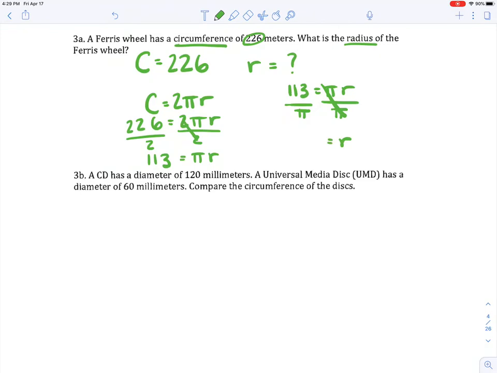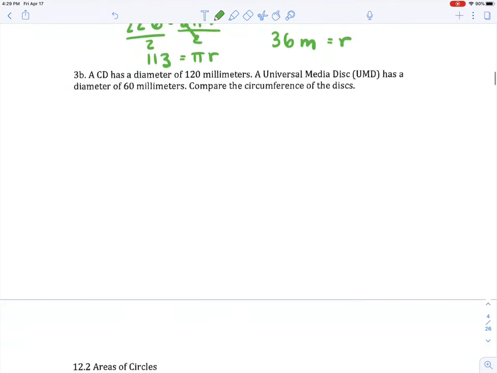It doesn't say what to round to, so we will just say this is about 36 meters. So just because your variable is on a different side doesn't mean you can't solve. It means we have to solve like we've been doing all year. I have to get the numbers to one side and the letters to the other so that my variable is by itself.